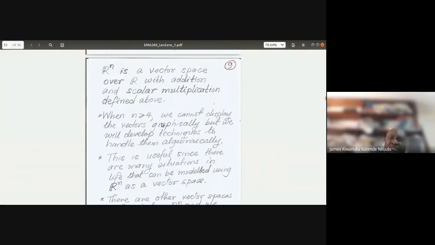They have more components. So even without drawing them, we can come up with properties that allow us to describe a lot of objects in R2 or Rn.